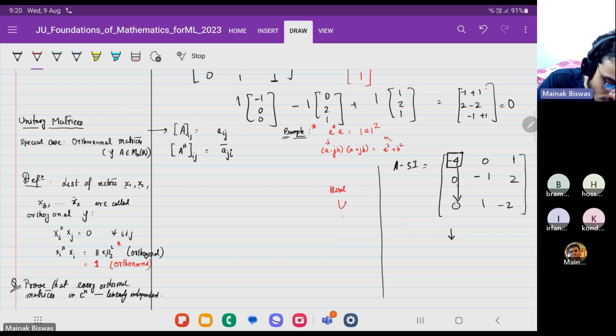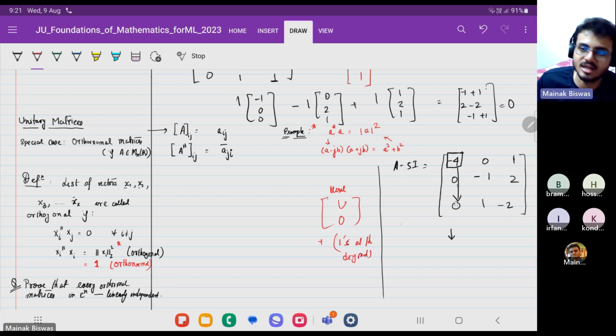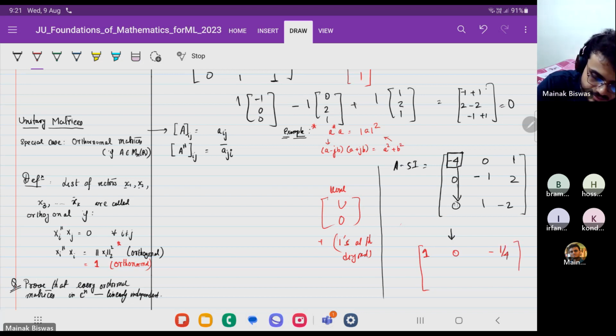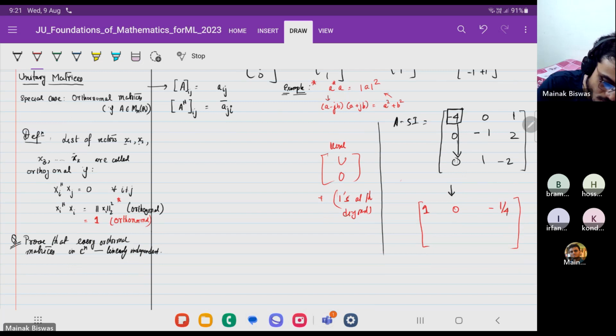So how will I make the diagonal -4 into 1? I will divide by -4, right? So this becomes 1, 0, -1/4. Agreed? So I'm doing row 1 as row 1 divided by -4. Correct or not? And then row 2, what will I do?